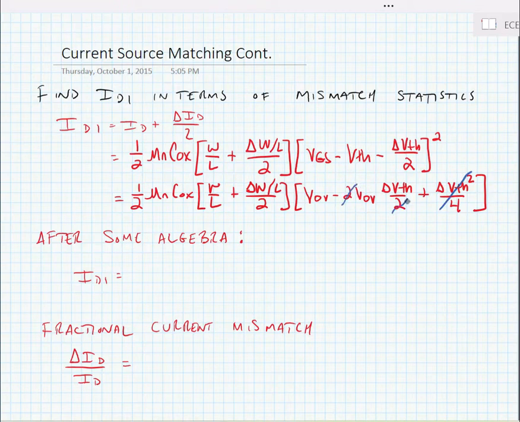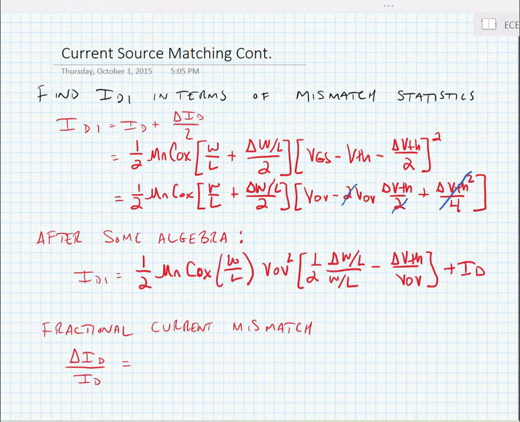So after some algebraic manipulation, we can get an expression for ID1 in terms of the mismatch. And here's our expression, 1/2 mu n Cox W over L times VOV squared. That's the original drain current as a function of the overdrive voltage and the geometry. And then we multiply this by 1 plus 1/2 delta W over L minus delta VTH over VOV.